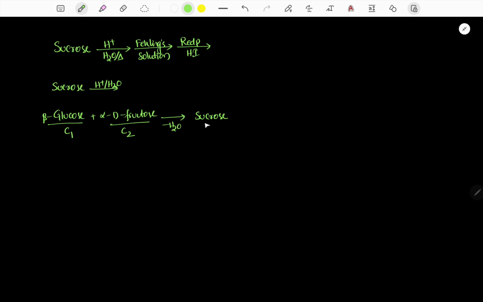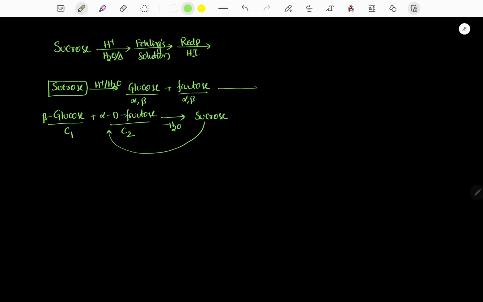Suppose if I do hydrolysis, again they will give the corresponding glucose and fructose. Of course, after hydrolysis, we will get alpha and beta both because of the hydrolysis mechanism. So sucrose on hydrolysis gives glucose plus fructose.